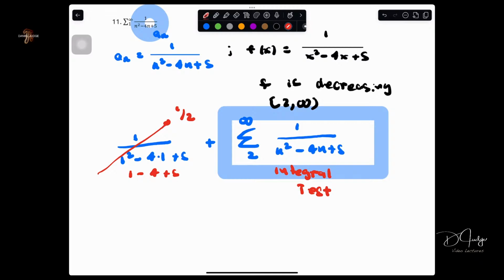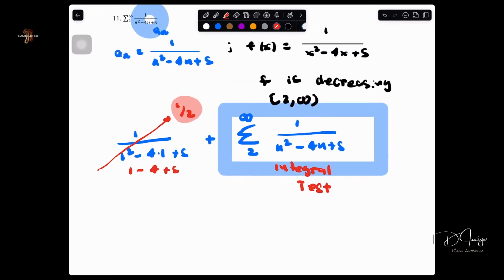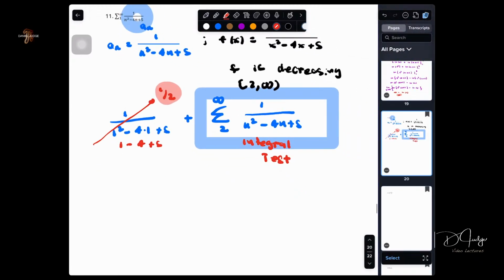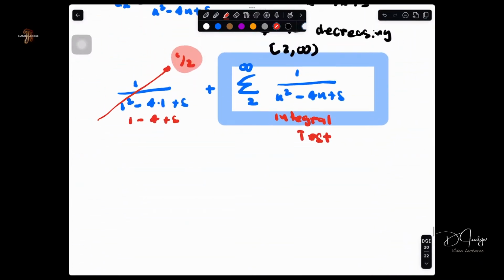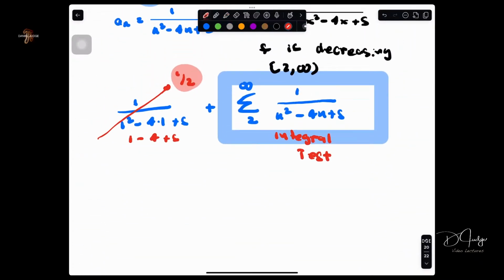Notice that first term is really the constant value 1/2. So if the sum is finite, 1/2 plus a finite number will be a finite number. But 1/2 plus infinity will be infinity. So we're really going to start at 2 for the integral test. All right.